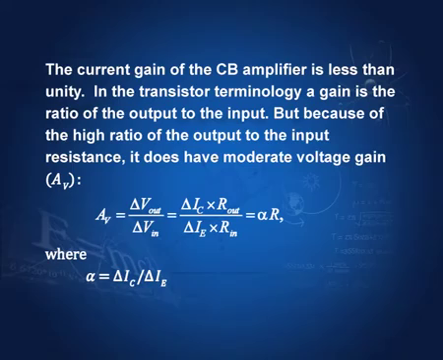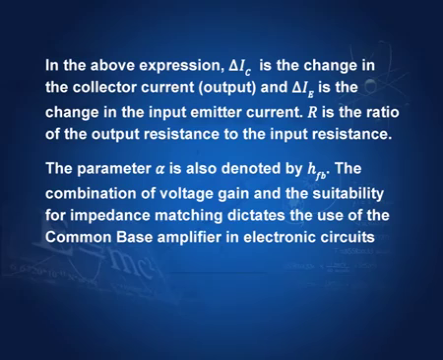The current gain delta IC by delta IE of the common base amplifier is called alpha. The ratio of the output resistance to the input resistance is called R. So, the voltage gain is alpha times R, where alpha is the current gain and R is the ratio of the output resistance to the input resistance. The parameter alpha is sometimes, in some books at a higher level, denoted by HFB.